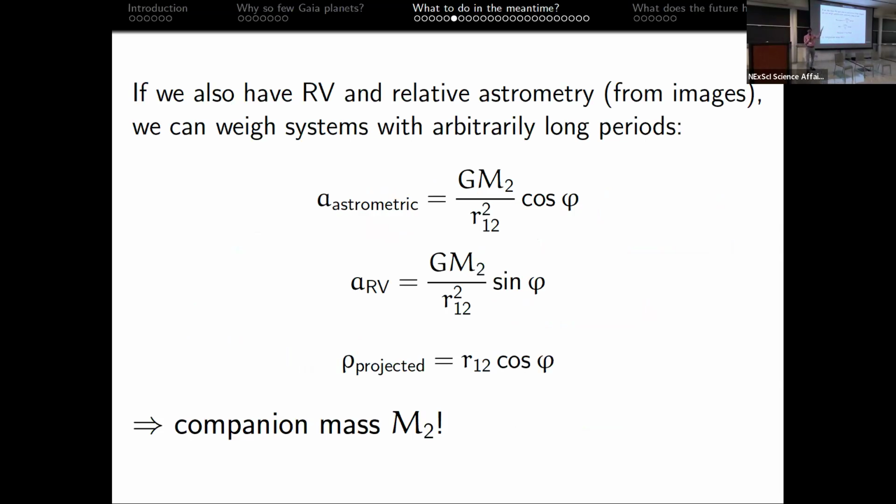Astrometry measures the other component. If I can also measure how far away those two objects are, because maybe I take a picture with my big fancy telescope and get direct imaging, I wind up with those three equations where I've not even referenced Keplerian orbits. It's just Newton's law of gravity plus a little geometry. I can solve those jointly and get the mass.